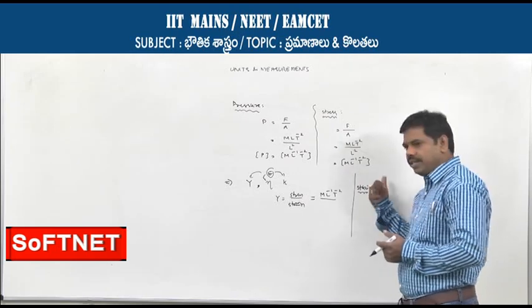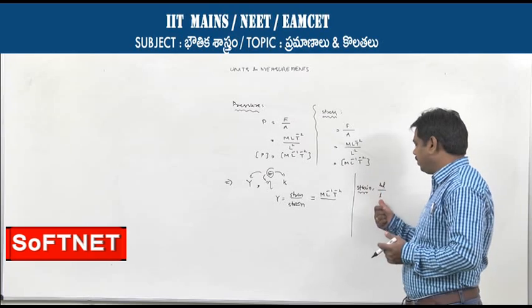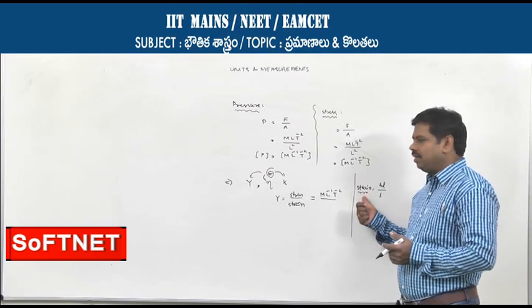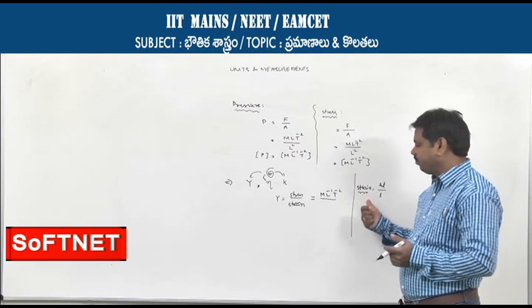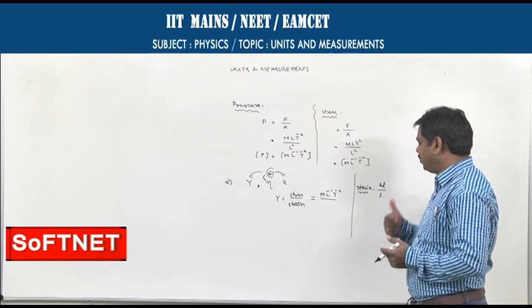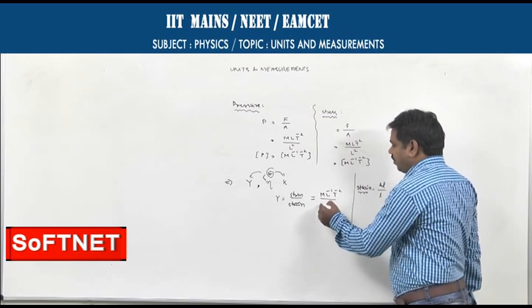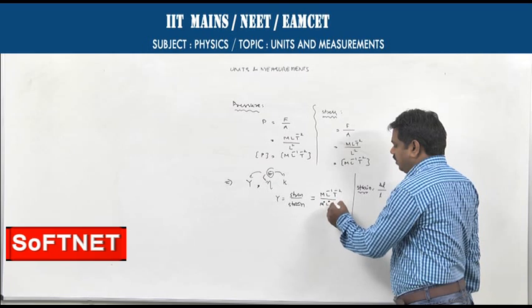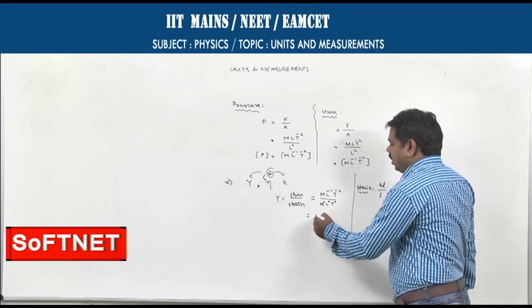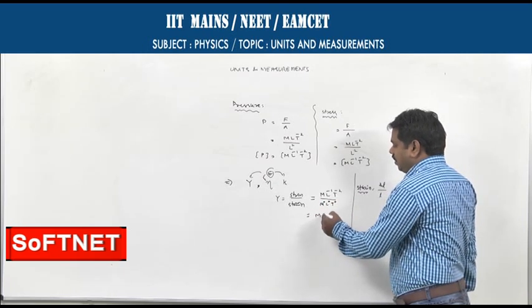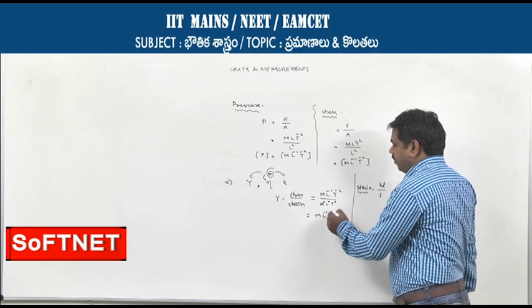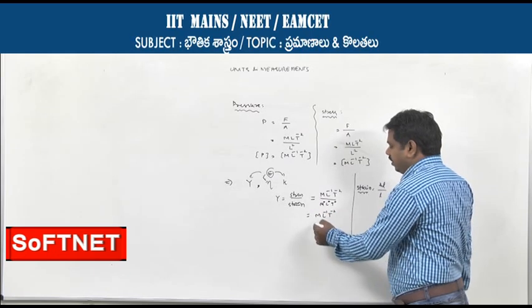And if you take the ratio of the change in the length to the original length, that gives the longitudinal strain, and it is dimensionless. So simply no dimensions, M^0L^0T^0, and obviously the dimensional formula of Young's modulus, you will get ML^-1T^-2.